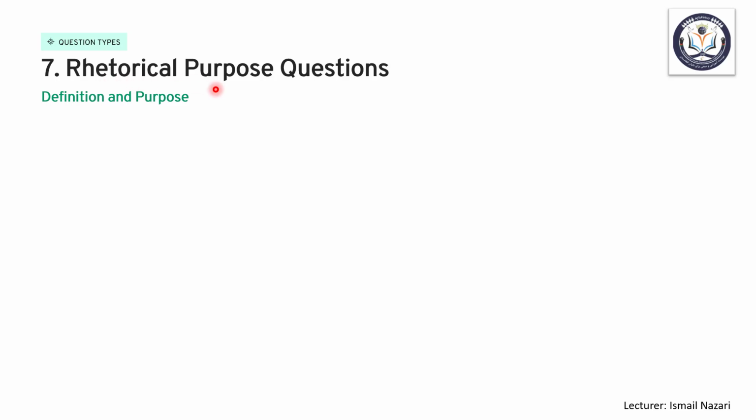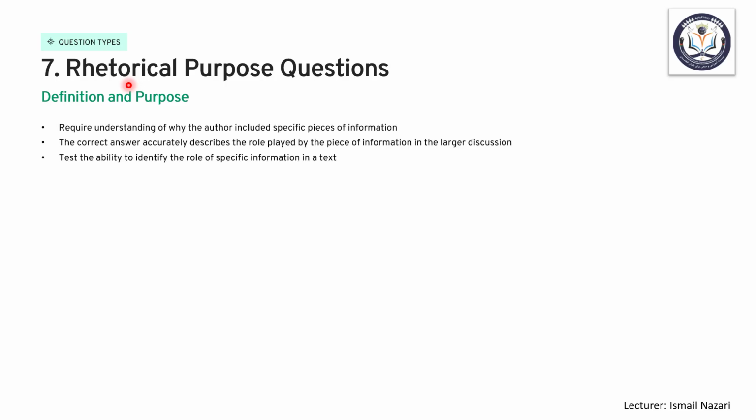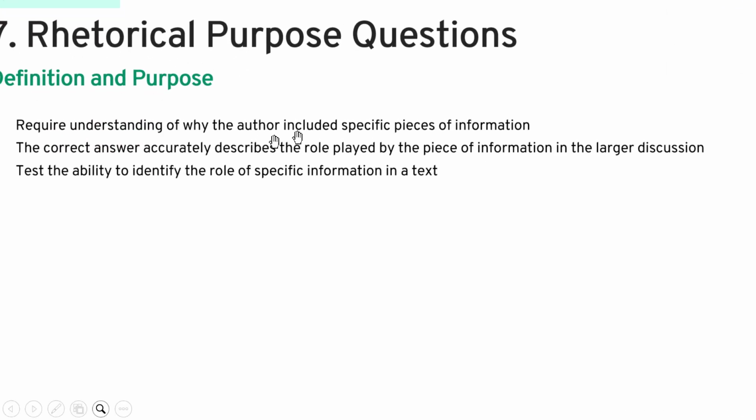So a rhetorical purpose question is the question that simply asks us why the author specifically included a piece of information inside the text. So it requires our understanding of why the author included a specific piece of information.